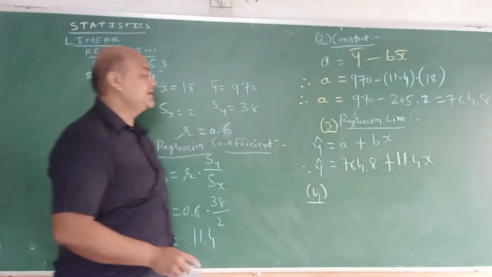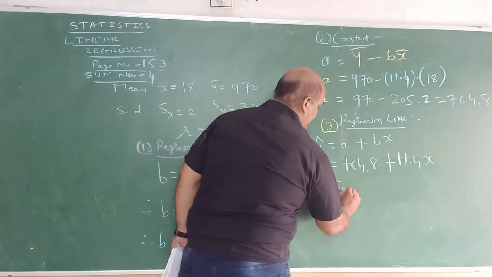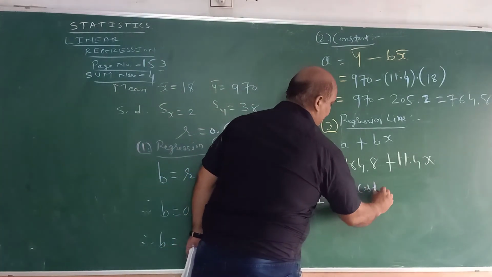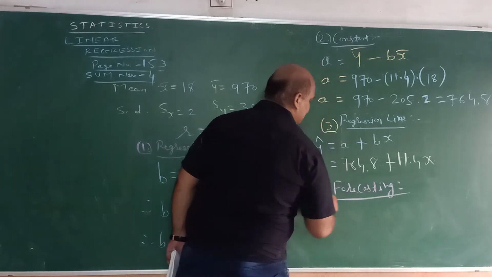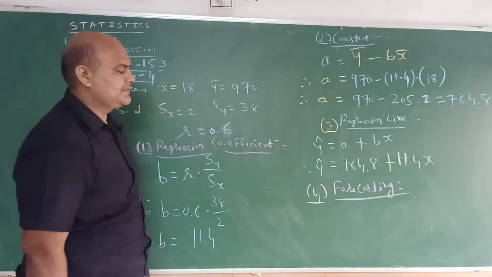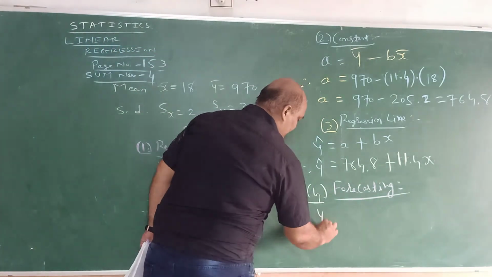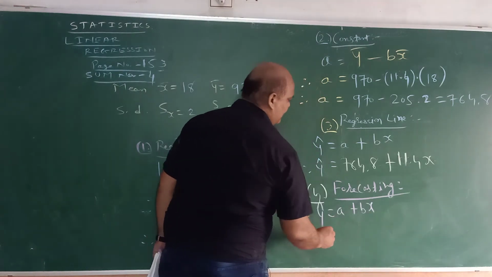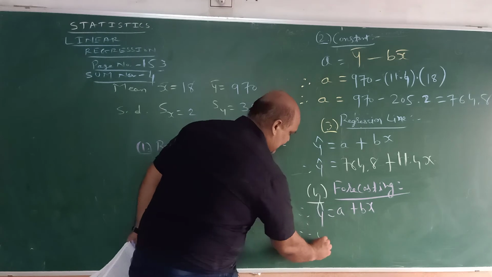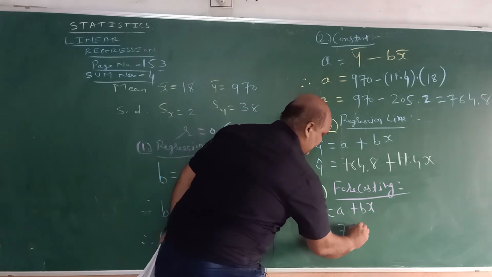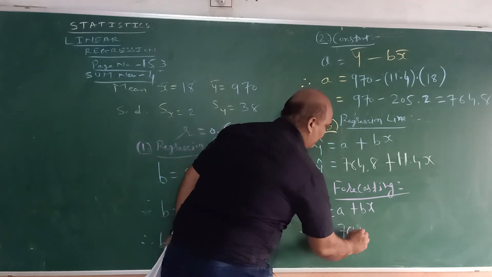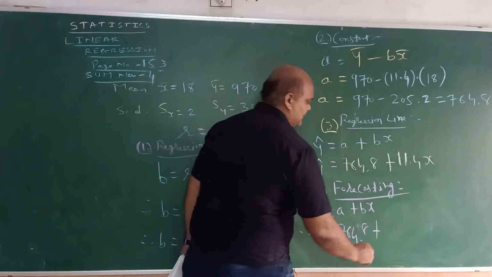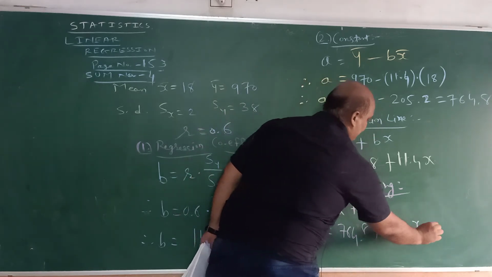Students, the forecasting point is also there, so I write here the fourth step, that is the step of forecasting. We put the values into the regression line. The regression line is 764.8 plus 11.4x.